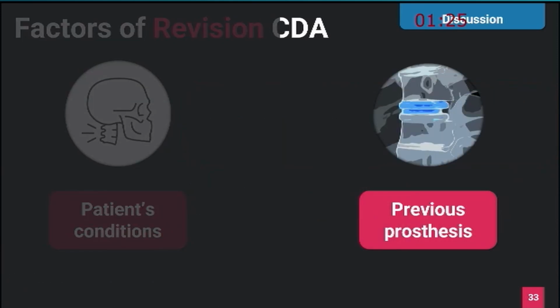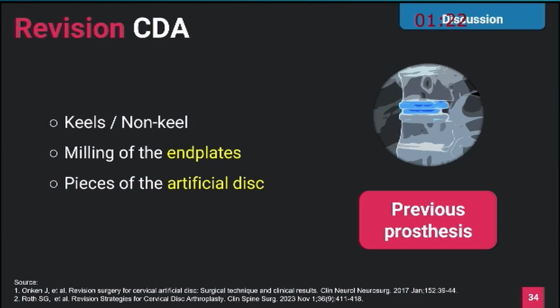And the second factor is the previous prosthesis. There are many prosthesis types, keeled, non-keeled, whether we should mount the implant or not, or how many pieces the artificial disc has.